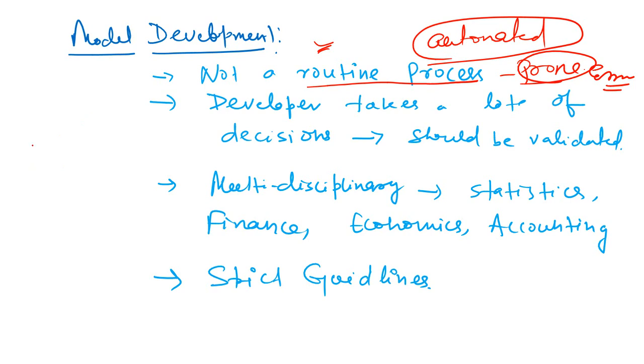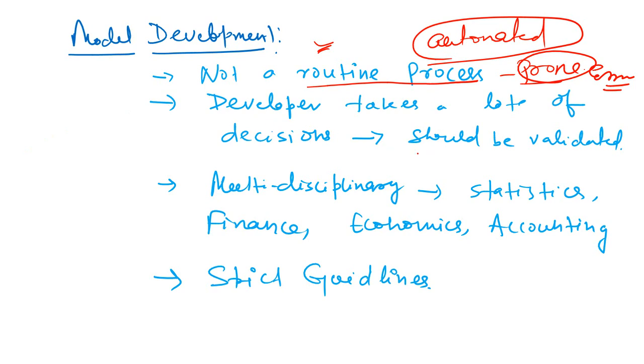Similarly, which particular variable is to be taken for the model, and which variables are to be left out, is something that is decided by the model developer. It cannot be automated. Hence, chances are that the developer might make mistakes while choosing variables, while choosing the kind of distribution that the data fits.